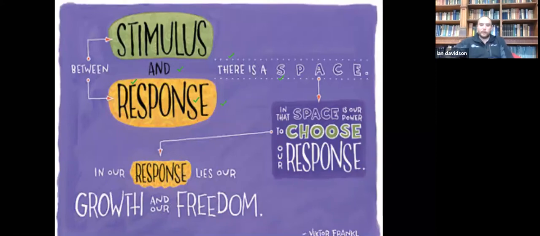And he talked about this opportunity, our ability to choose our response. Particularly for young folks, as a young child, there's a stimulus and you respond to that in an almost impulsive fashion.